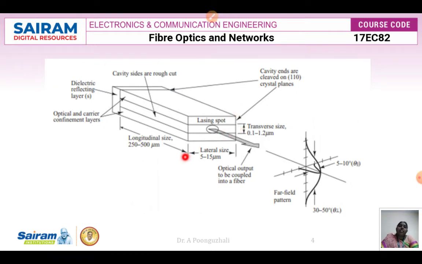When the lasing spot propagates along the horizontal or longitudinal direction, we can see that the intensity of the light is higher. That means the radiation pattern we have is a far field pattern. The maximum light can be coupled into the fiber when the light propagates along the longitudinal direction.